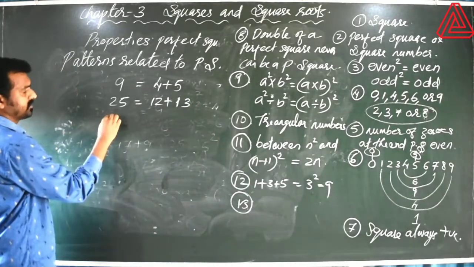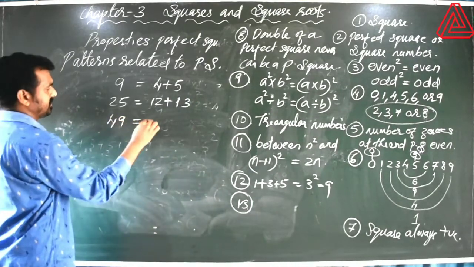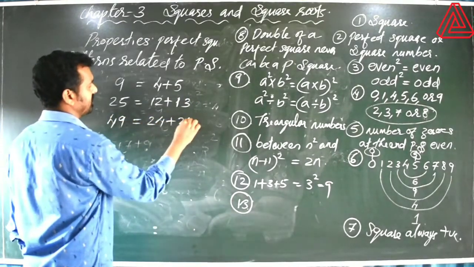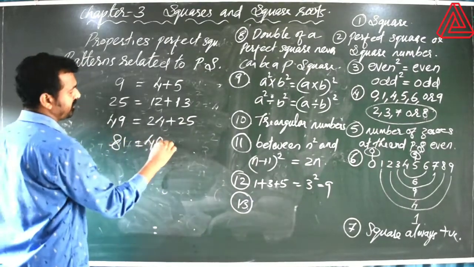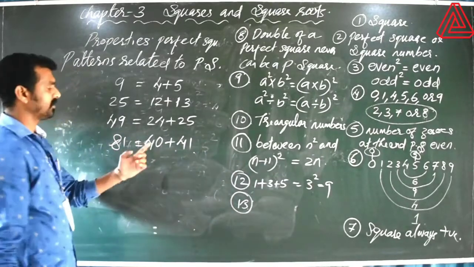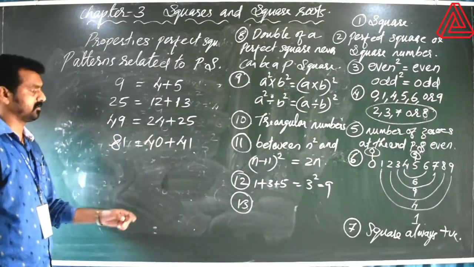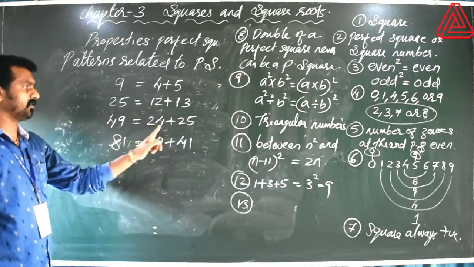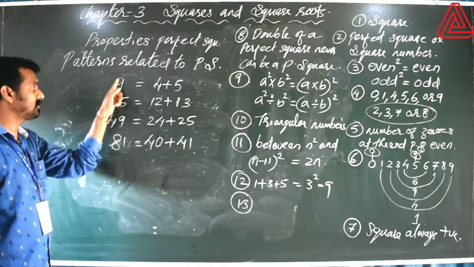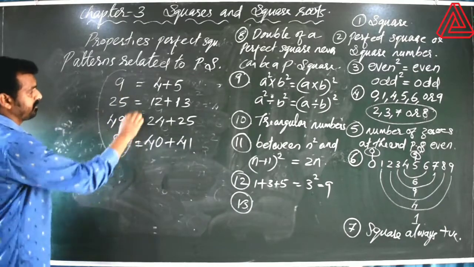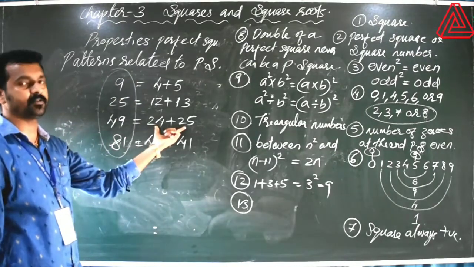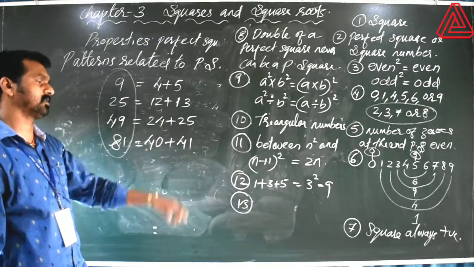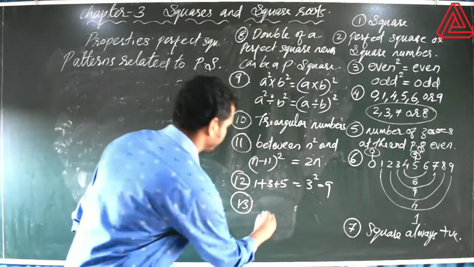Next one, 49 is equal to 24 plus 25. 81 we can write as 40 plus 41. These all are perfect squares, so we can write them as the sum of two consecutive natural numbers.